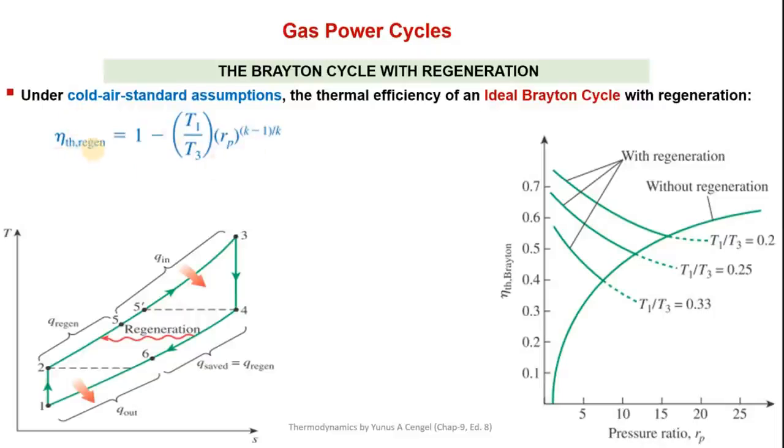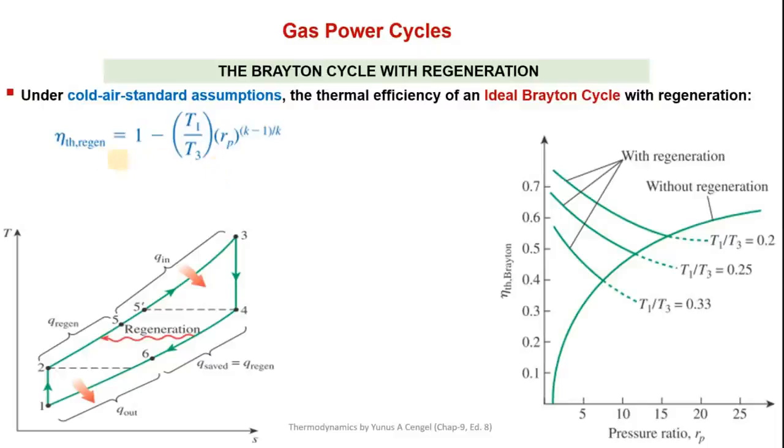Here is the efficiency of Brayton cycle with regenerator. You see this efficiency is not only dependent upon Rp and k, the pressure ratio and specific heat ratio, it is also dependent upon T1 over T3. Now we shall understand the meaning of this with the help of this diagram.